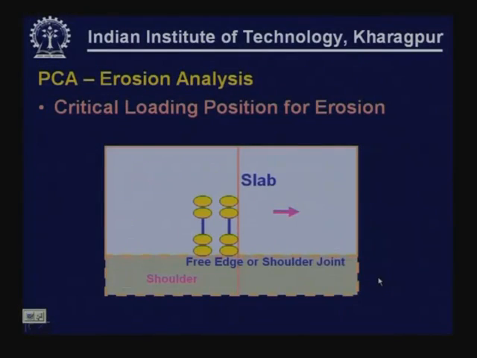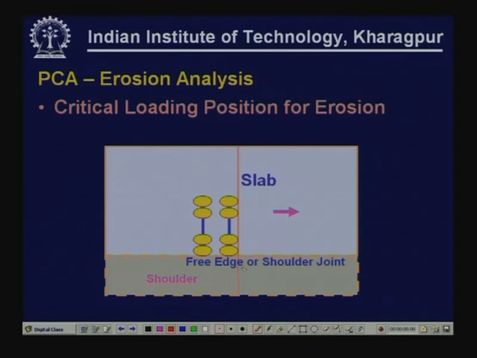So, for carrying out erosion analysis, the critical loading position as we just discussed will be the corner location. The load has to be placed in the corner region. This is one free edge, there is shoulder on this side, there is another free edge, this may not be exactly free, but there is another slab on the other side, there is a joint here.